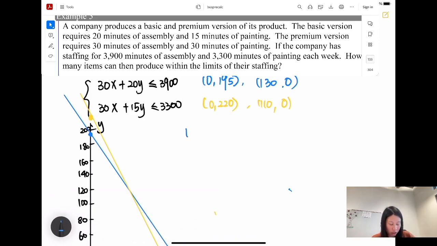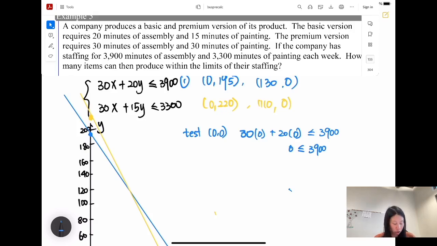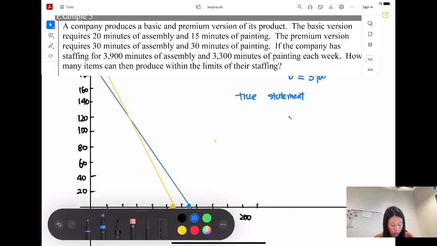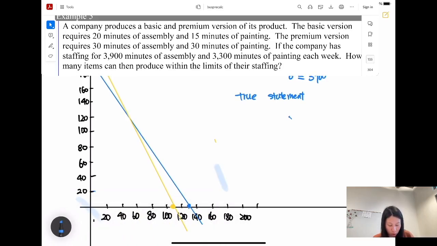So I substitute 0, 0 into the first function: 13 times 0 plus 20 times 0 less than or equal to 3,900. I have 0 less than or equal to 3,900, which is a true statement. So I'm going to choose the area containing the point 0, 0, which is here.